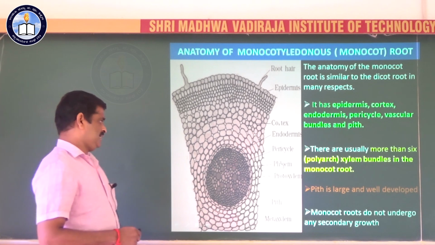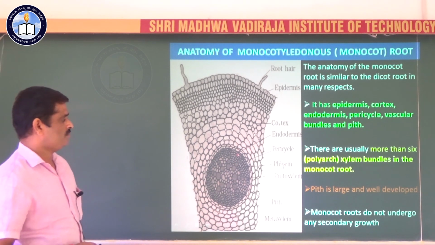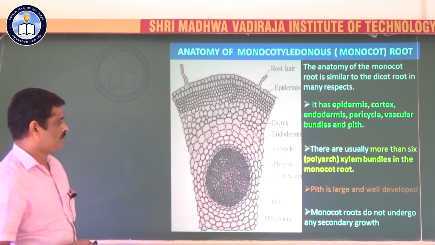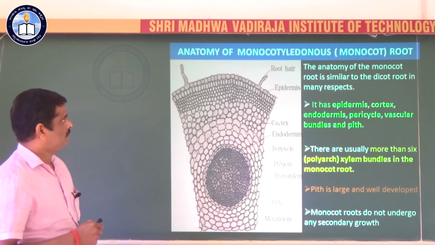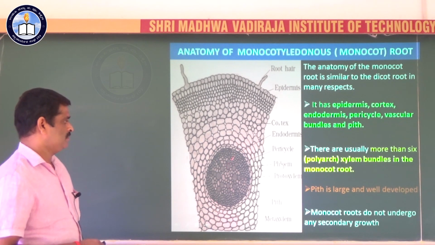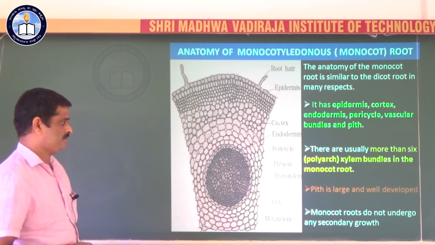The xylem patches here are more than 6. In the case of dicot it is 2 to 4, whereas in the case of monocot it is more than 6. More than 6 xylem patches is called the polyarch condition.